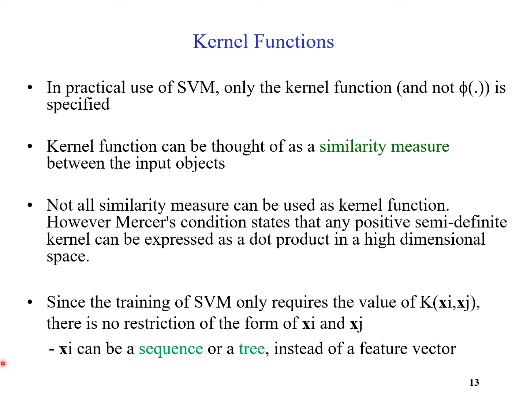I said the only parameter you choose in SVM is the kernel function, and one of the advantages of using SVM is this. Suppose the data you are handling is tree type, or a graph type, or an image, or a sound, or any arbitrary complex data type.